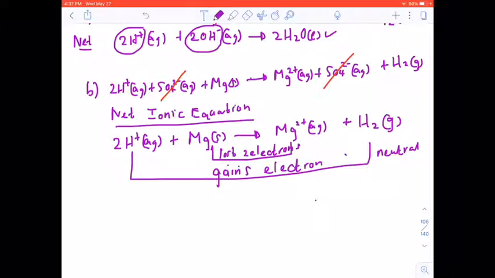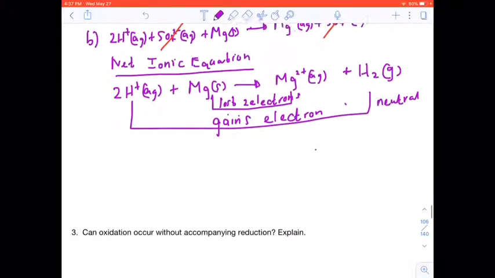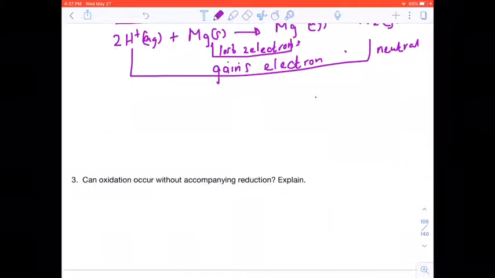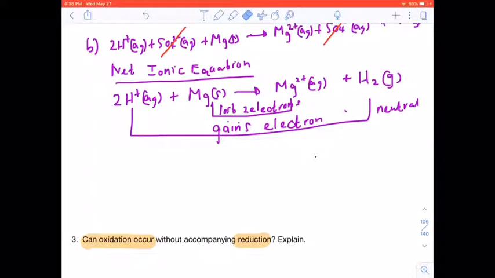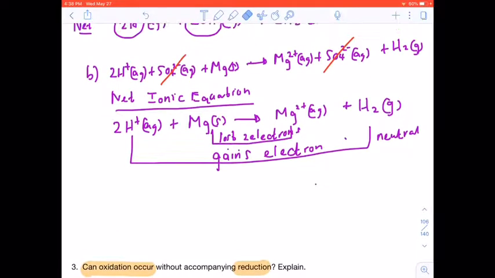And in a redox reaction, if one species is losing electrons, there must be another species that gains the electrons. Right, and that answers our next question. It says, can oxidation occur without an accompanying reduction? What that merely means, oxidation is when we have our metal losing electrons.